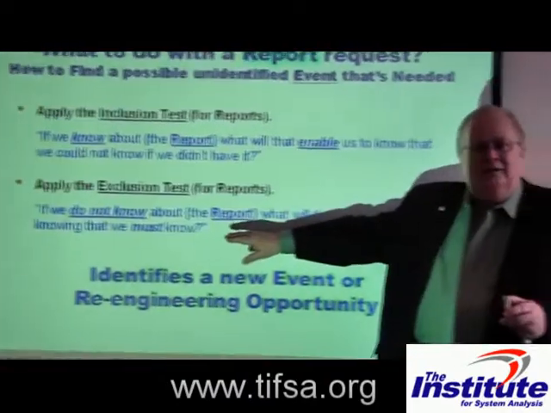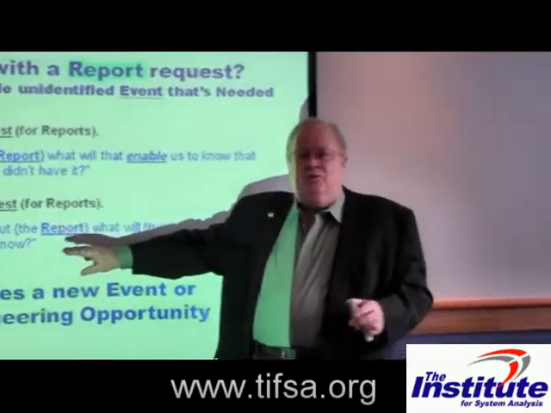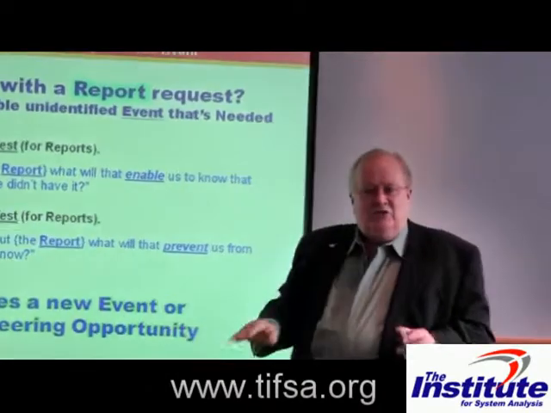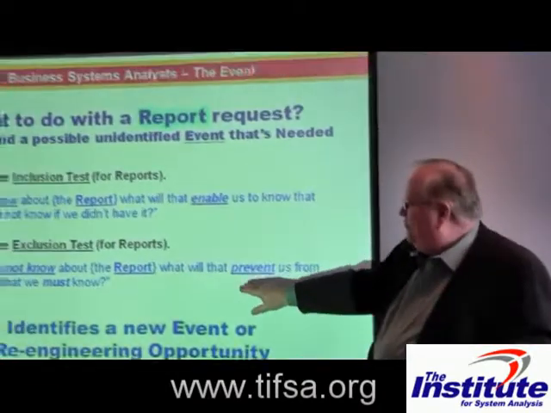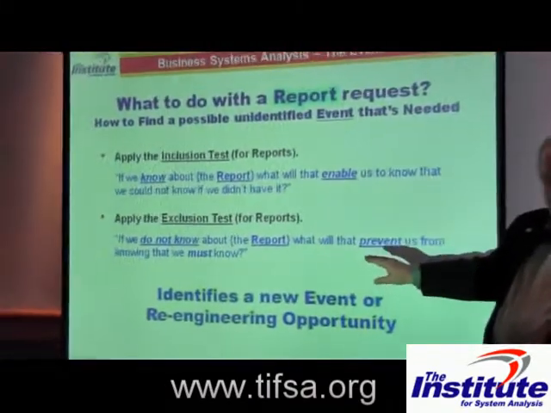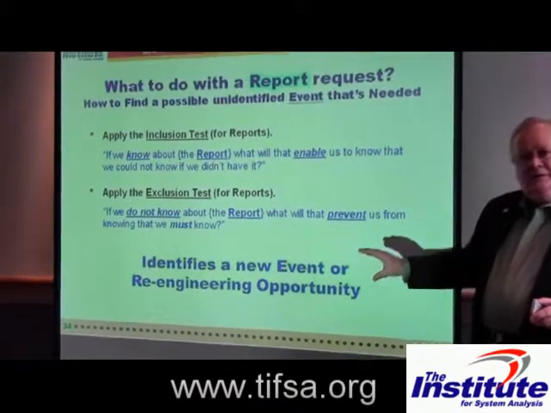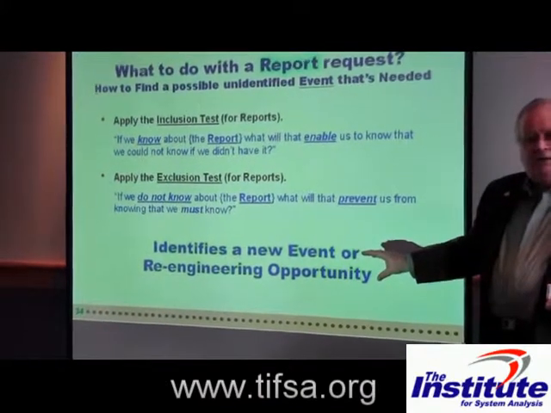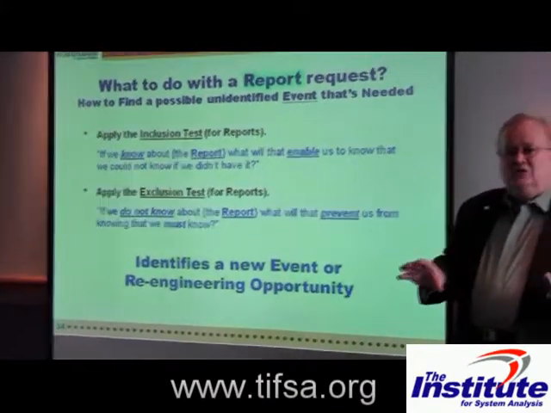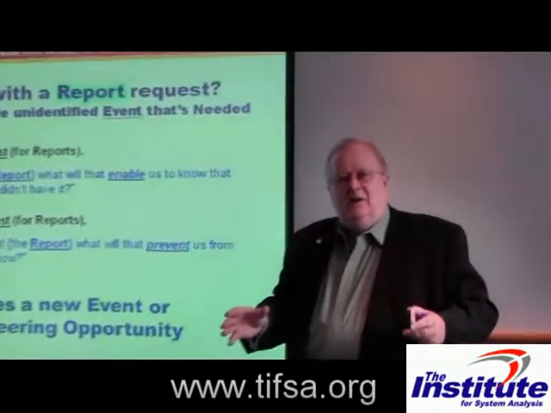Or, from the other side, if we don't know about the sales of widgets in the Northwest region, what would it prevent us from doing that we must be able to do or to know? And the answer could be a brand new event, or it's a wonderful re-engineering opportunity, an immediate opportunity for improvement that we want to be able to keep track of. It's either an event or an opportunity to re-engineer. If it's not an event, it still is a report, then it's a re-engineering opportunity.